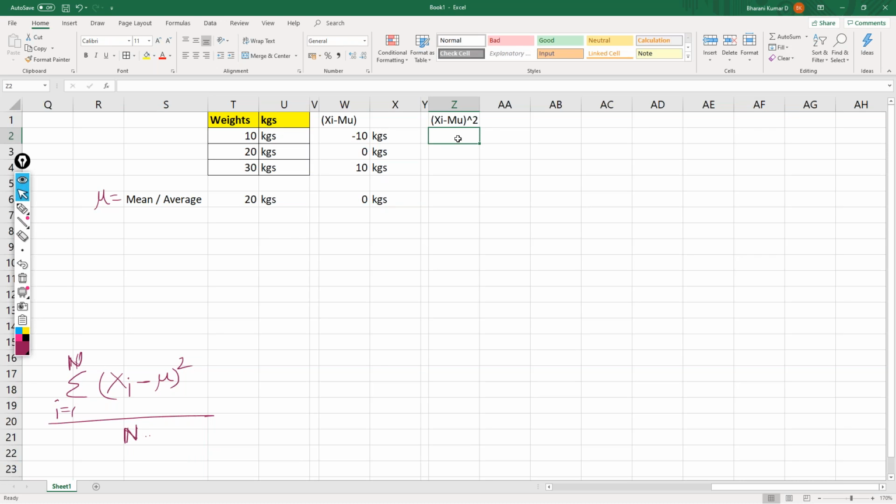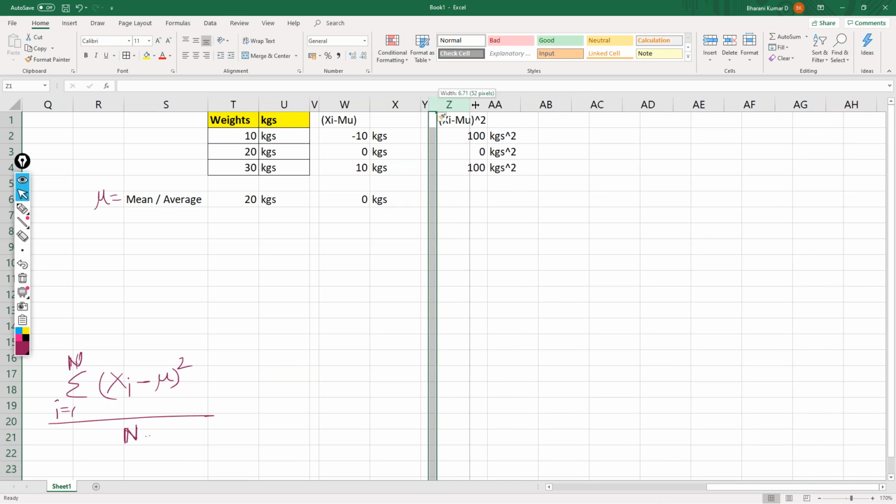And when we square it, this minus 10, if I square this minus 10, you get 100. And the units become kgs square. Units also get squared, by the way. 0 square is 0 kg square. And 10 square is again 100 kg square.